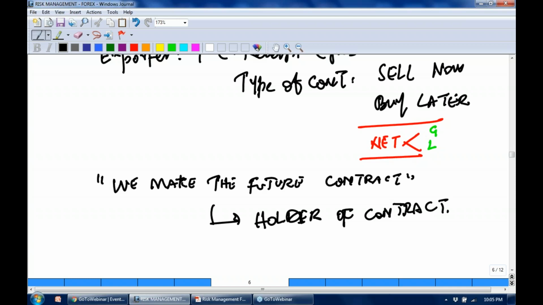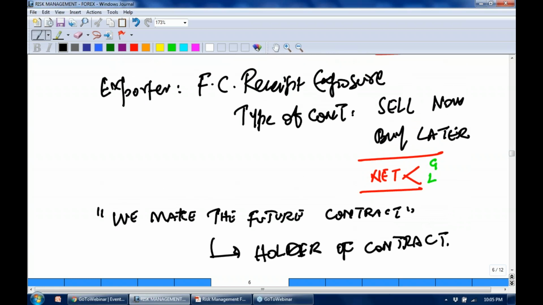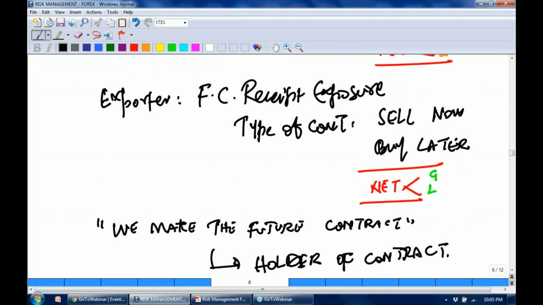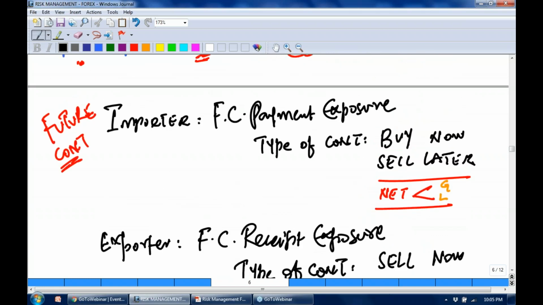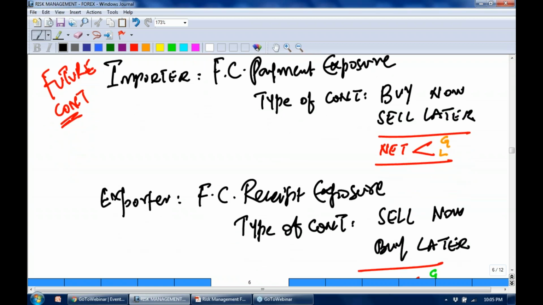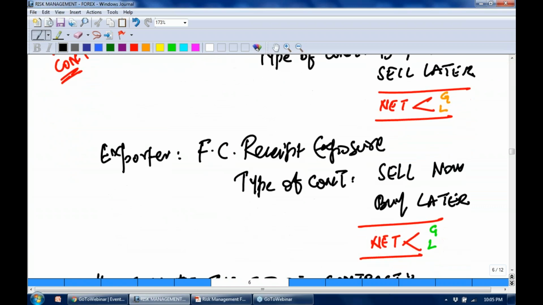Whenever we enter into the future contract, normally there is no transaction cost except some margin that needs to be held. Margin means some deposit money needs to be held. That deposit money adjusts our gains or losses in future.